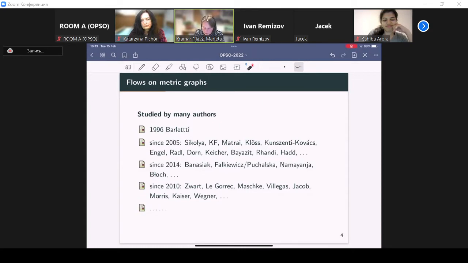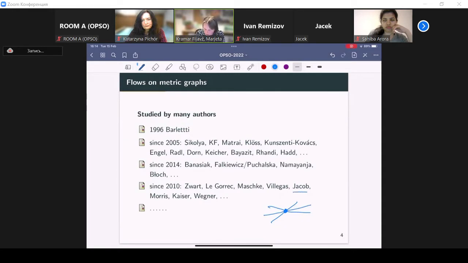What I want to stress is that all this work usually considers compact graphs. The only non-compact ones are the last names here, where they considered star graphs, so graphs with some semi-axes attached to a vertex.